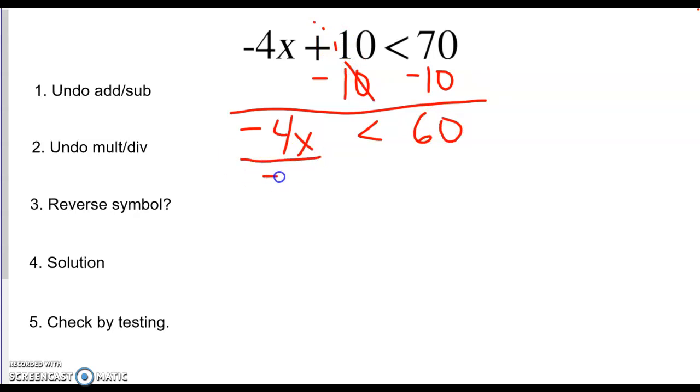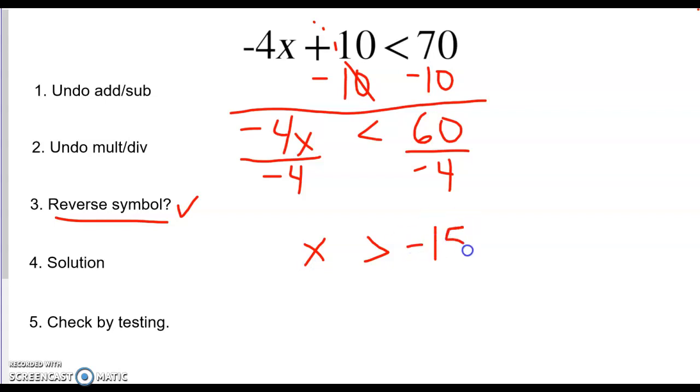It's a negative 4. That's what we need to divide by, that coefficient, both sides. And are we going to have to reverse the symbol? Yes, because we're dividing by a negative. So I'm going to go ahead and change that less than to a greater than. Negative 4 divided by negative 4 is positive 1. That leaves us with x is greater than 60 divided by negative 4, negative 15.